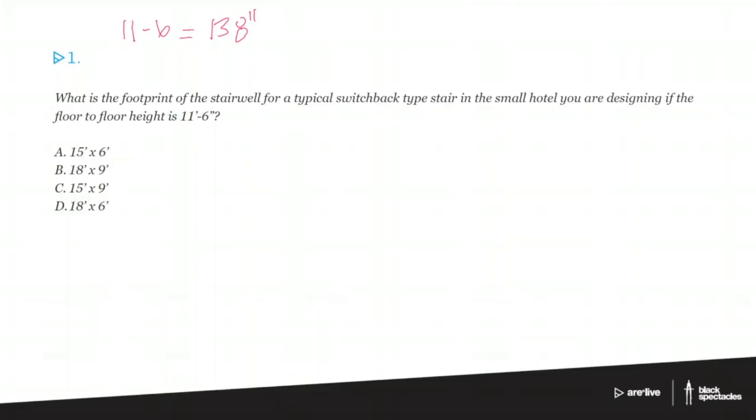Now, anybody that has actually put in an egress stair into an office plan or hotel plan will probably recognize pretty fast, and I'm just going to jump to the quick on this one and say the largest one here is going to be the answer. It's going to be B, 18 by 9.